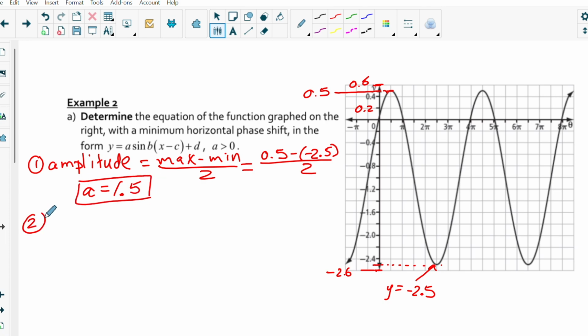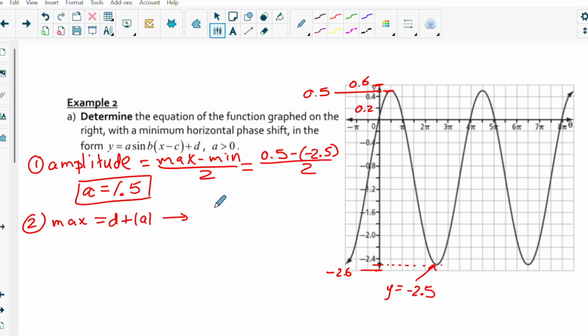Number 2. Let's find our d value, our vertical shift. So we know the formula, maximum value equals d plus the absolute value of a. So what does that get us here?